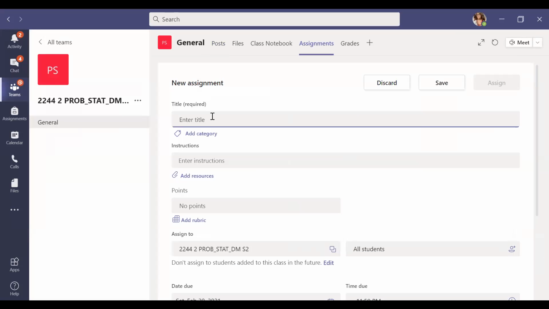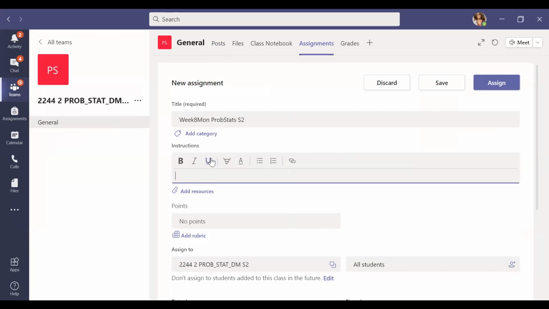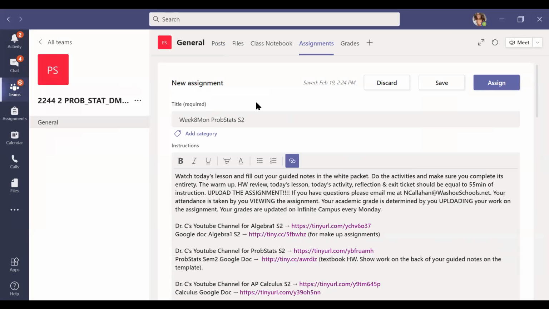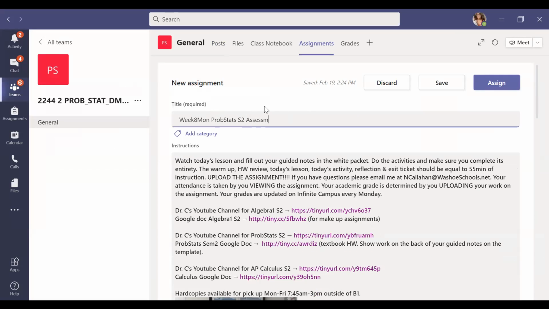So today is Week 8, Monday, and this is for ProbStats Semester 2, and our topic of discussion is going to be on, you guys have an assessment today, which is going to be on your compound interest and simple interest. So assessment on simple interest and present future value.